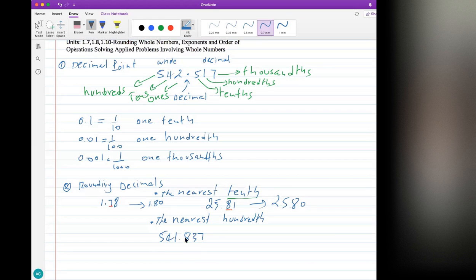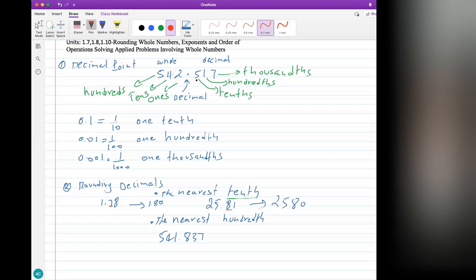All right. What digit is in the hundredths position? What number is in the hundredths position? The 3. The hundredths.